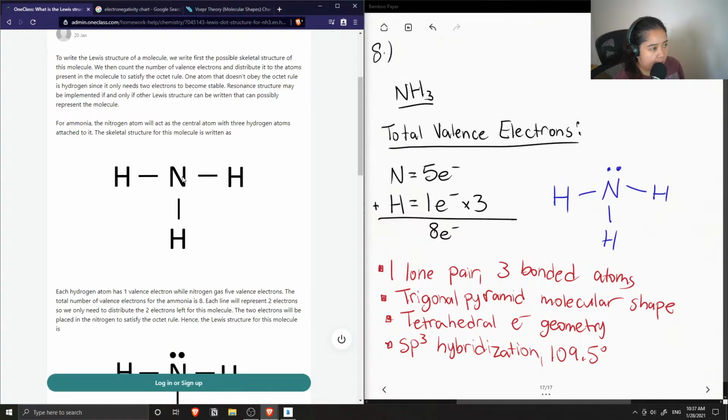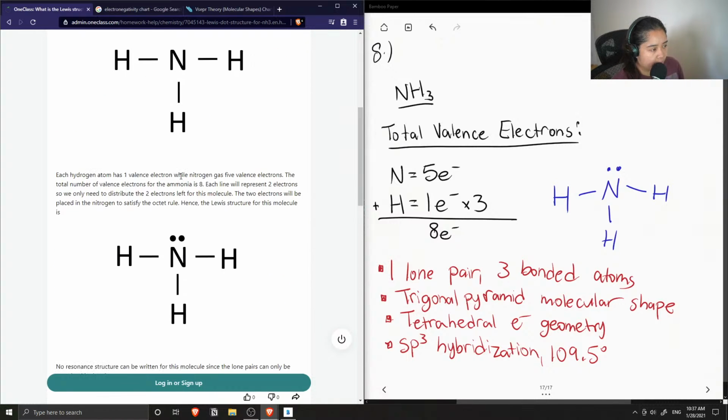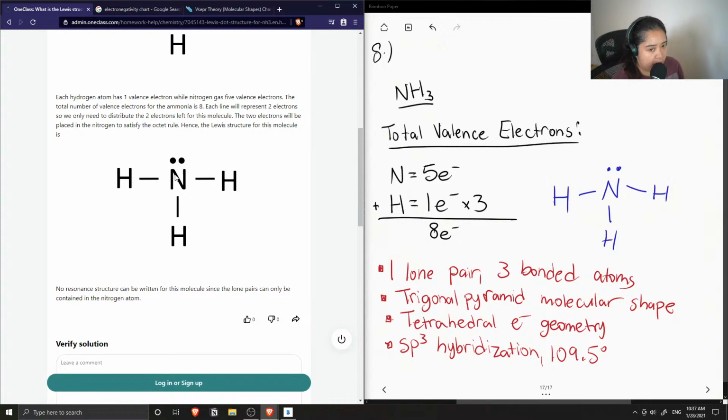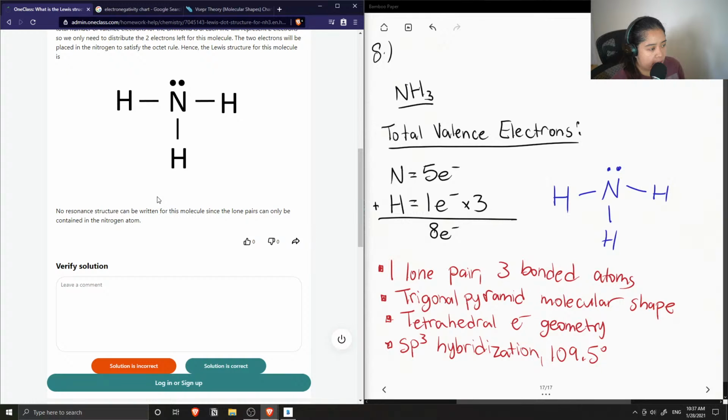So they found nitrogen will act as the central atom, and then they drew out all the bonds and showed the one lone pair on the nitrogen. No resonance structure can be written for this molecule since the lone pairs can only be contained in the nitrogen atom. Yep, so this solution is correct.